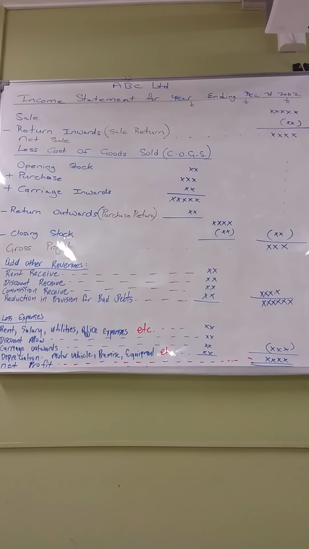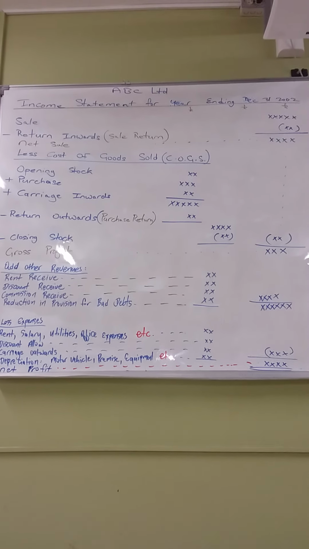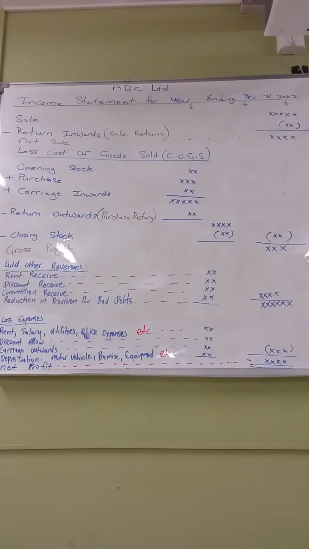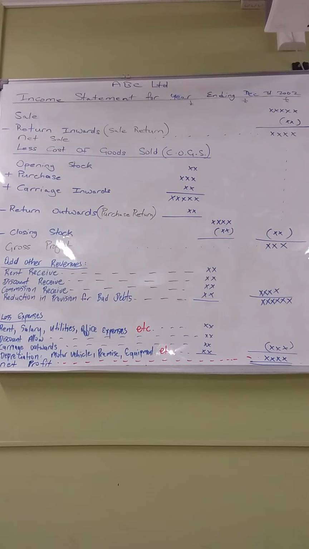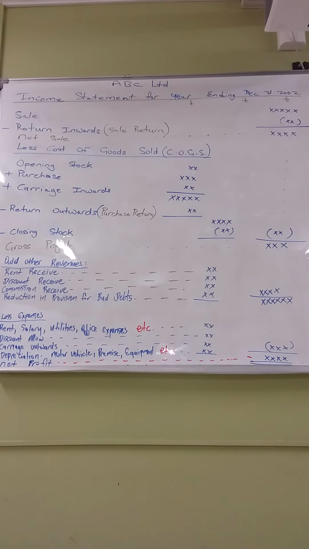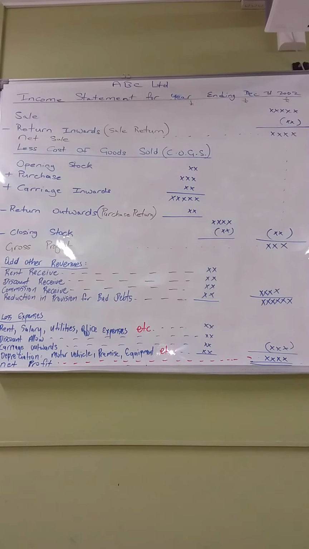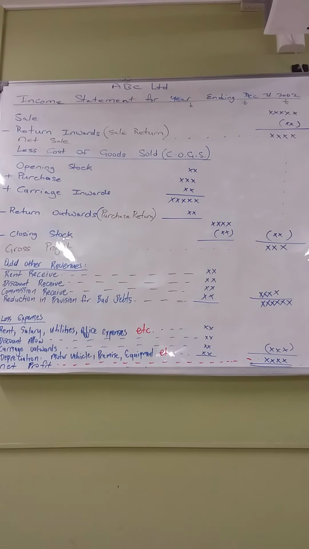Now, the first thing you put inside the income statement is your sales. From the previous lesson, we would have already discussed sales. When you look at the trial balance, you'll see the sales, so you put the sales right there. Now, you need to look to see if there's any return inwards, sometimes referred to as sales return.